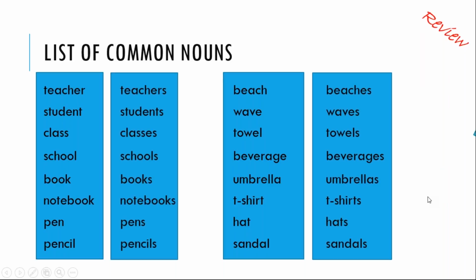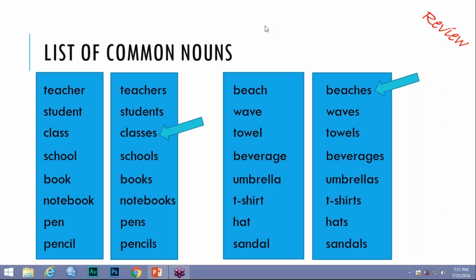So let's look at the plural, and let's look at the special rules that you guys told me. There it is. Good job. So here's the plural. Teachers, students, classes, that was the special rule, right?